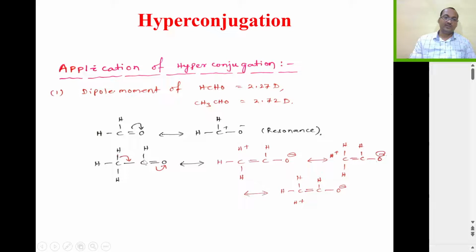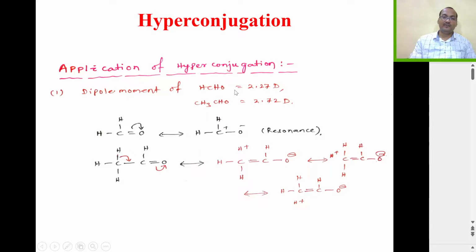Here, with respect to the C=O bond, this is the alpha carbon atom, and you have 3 alpha hydrogen atoms. Loss of this hydrogen will give rise to this structure. Then this hydrogen loss will give rise to this structure, and this hydrogen loss will give rise to this structure. More hyperconjugative structures lead to a higher dipole moment value, so there is more charge separation due to the alpha hydrogen atoms.